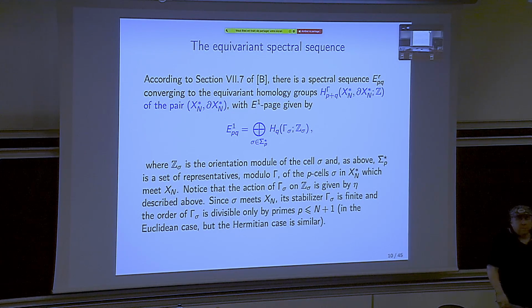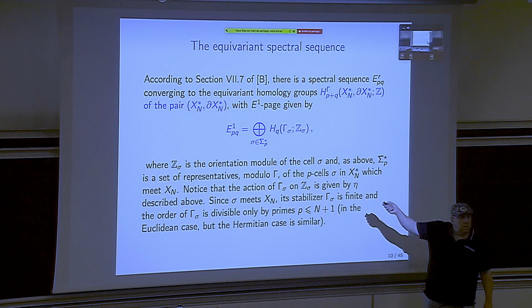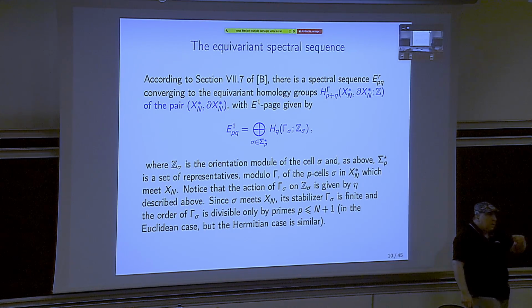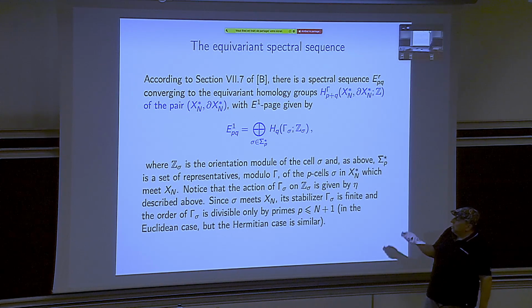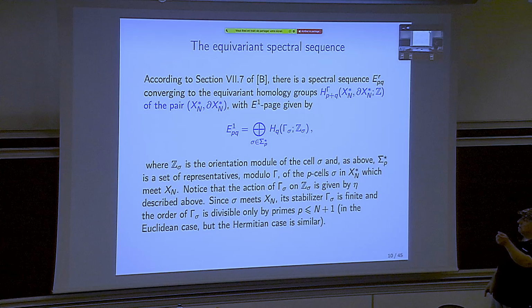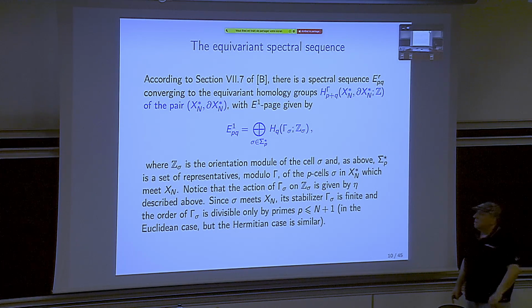And here you have to be very careful, even if it is Z here, it is Z with a non-trivial action. So we denote it by Z sigma. And the action here is the one given by eta.